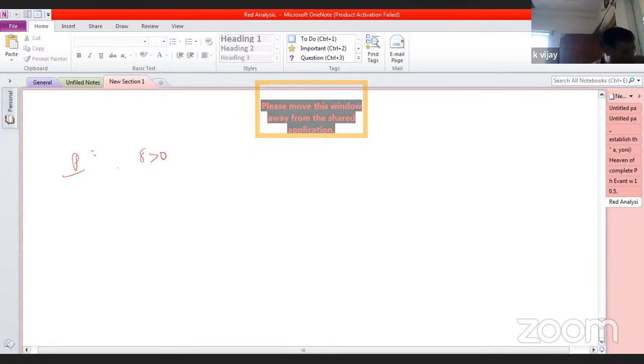Delta greater than 0 here. f of n tends to f uniformly on x minus a.